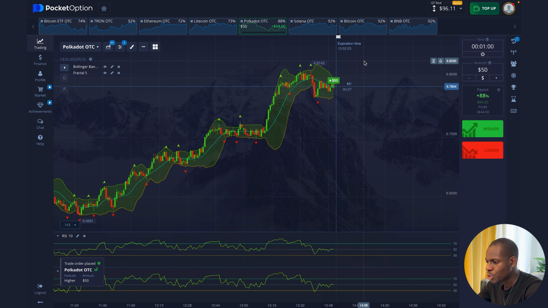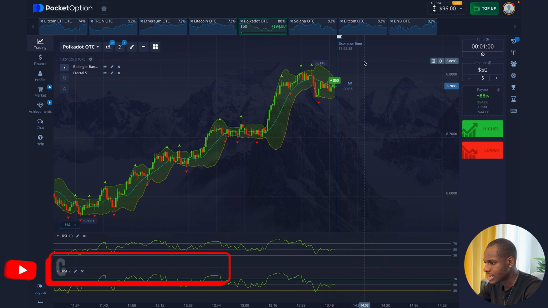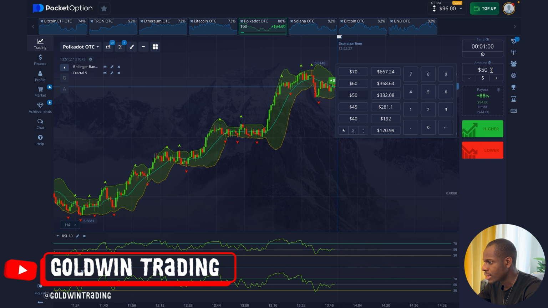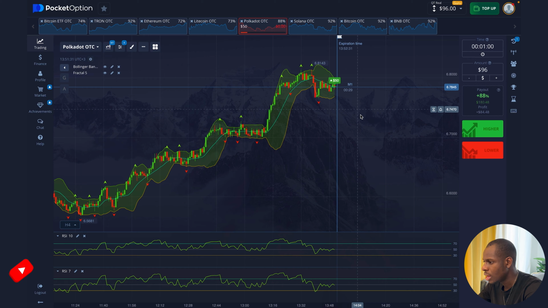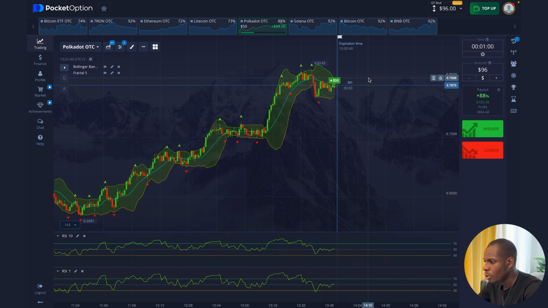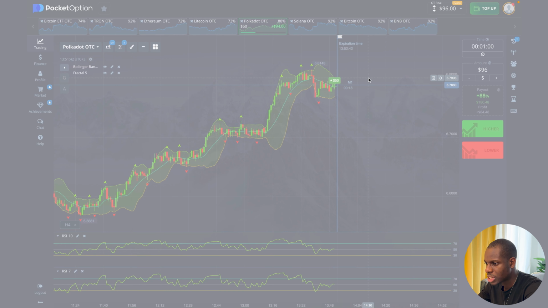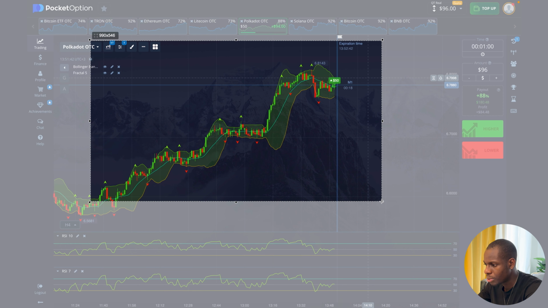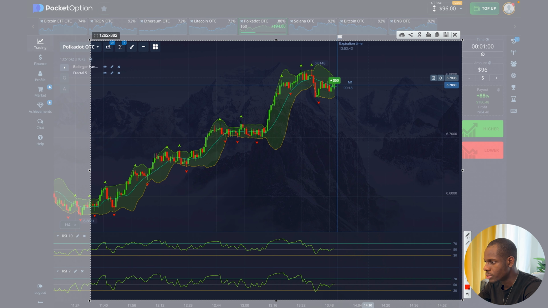Okay, guys, I saw something here and I don't want to miss it. So yeah, we took a buy and I'm just getting prepared in case the price goes further down. I will open an additional trade, but it should work with the first trade though. So what we see here, there is actually not a specific signal. I'm seeing a couple of things going on. So first of all, we can see a touch of the Bollinger Bands also forming of a minimum over there, which is indicated by this fractal.